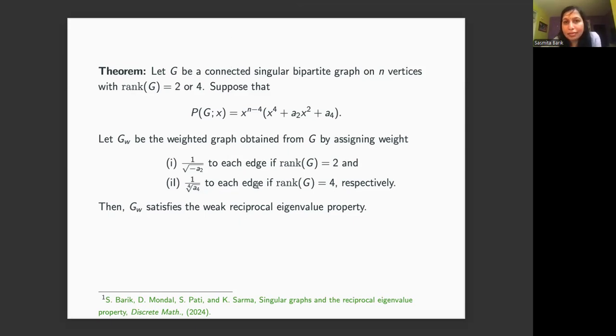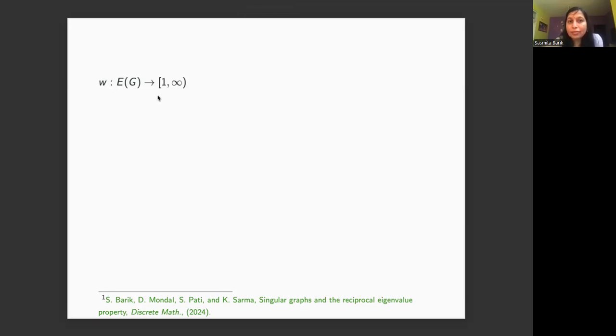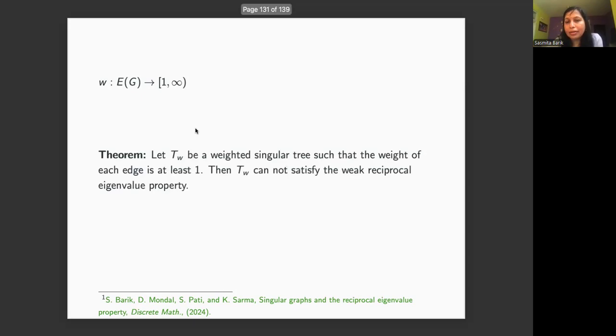So this is a class that has been given, but the characterization of all weighted graphs is again a question. But if you restrict your weights to be greater than or equal to 1, so your weights are from 1 to any large positive number, in that case this came out, which is again interesting: your weighted graph cannot satisfy the weak reciprocal eigenvalue property.